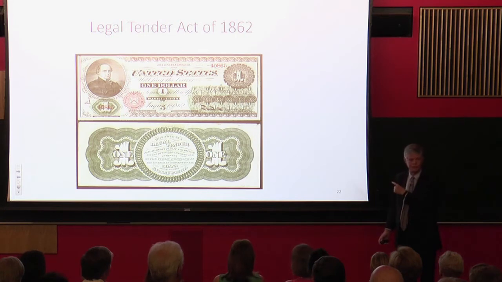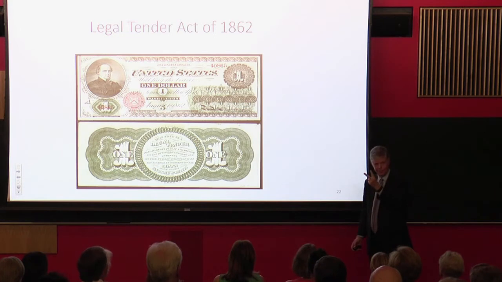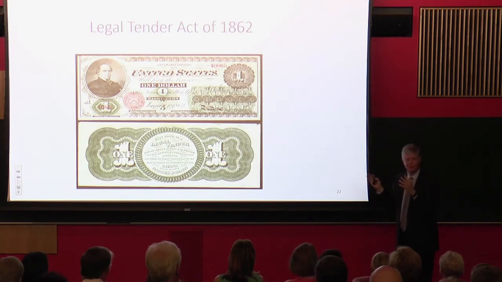It was challenged in the Supreme Court. It was initially held to be unconstitutional, but on rehearing, after Grant appointed his two people, miracle of miracles, it was upheld 5-4. Again, we're so used to this, it's hard for us to think about what a revolution this was.